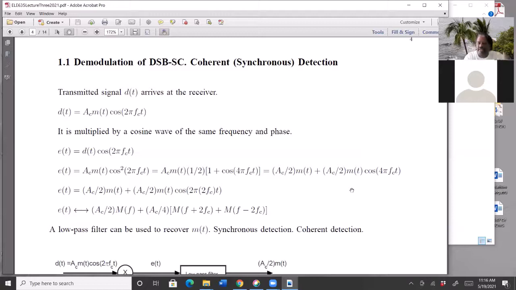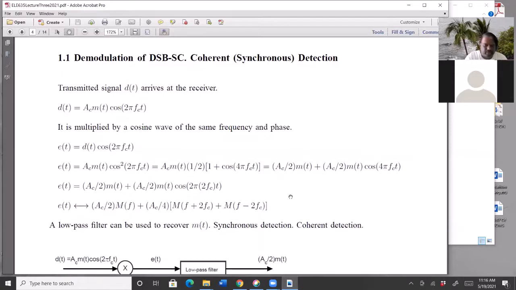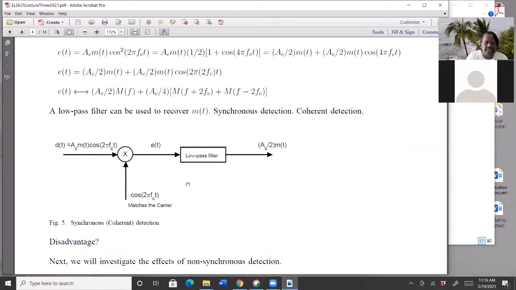Remember, a low pass filter only lets low frequencies go through. So here is a diagram for synchronous or coherent detection. This is the arriving modulated signal. You multiply it by the same carrier, and then the result is sent through a low pass filter with a cutoff frequency just outside 20 kilohertz.